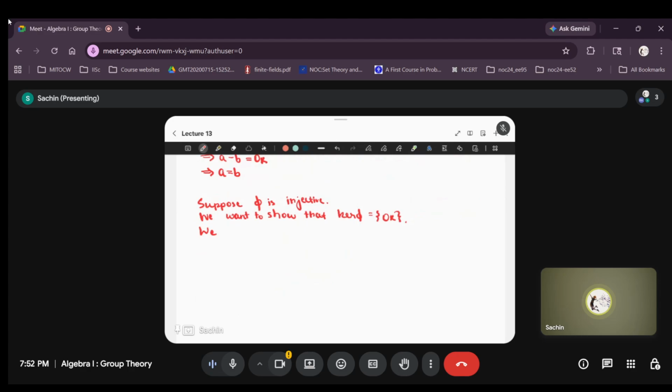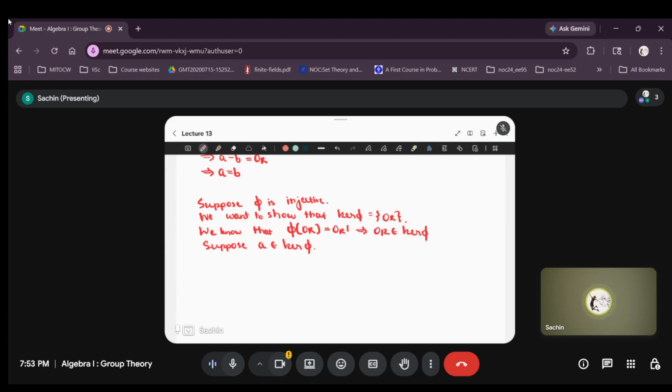We know that phi of 0 R is equal to 0 R prime. Suppose some other element belongs to kernel of phi. So since phi of 0 R is 0 R prime, that means 0 R belongs to the kernel.